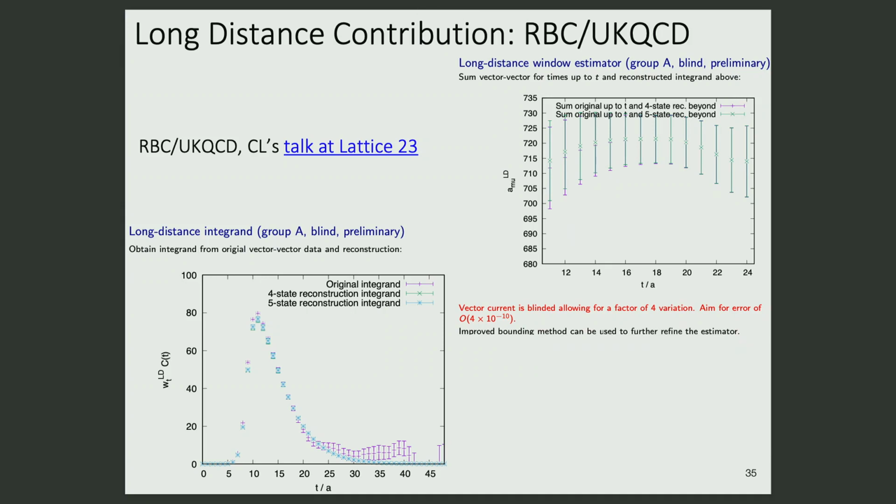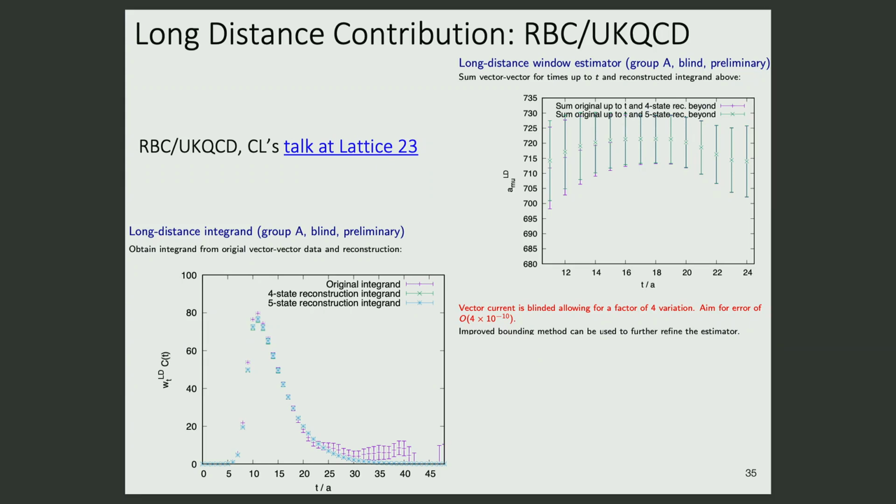Okay, this is what the integrand looks like from the reconstruction part compared to the total. So again, you see the errors are much, much smaller at long distance for the reconstructed version. And if you add them all up, for 4 states or 5 states, this is what you get. What you do is you add up at shorter distances, you use the full correlation function where it's accurate.